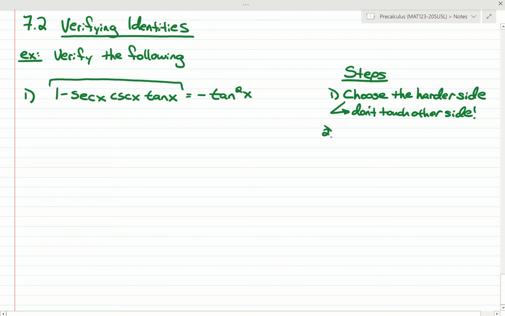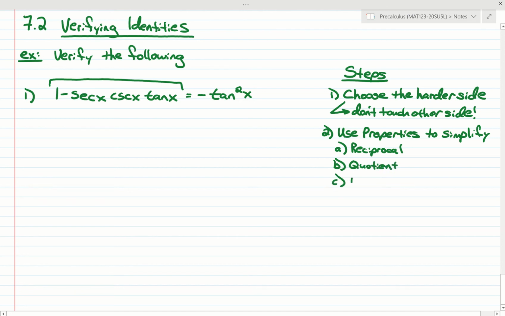Second step is we use properties to simplify. Now we've talked about a few different properties. One thing that we talked about is the reciprocal properties. We talked about the quotient properties, the Pythagorean identities.